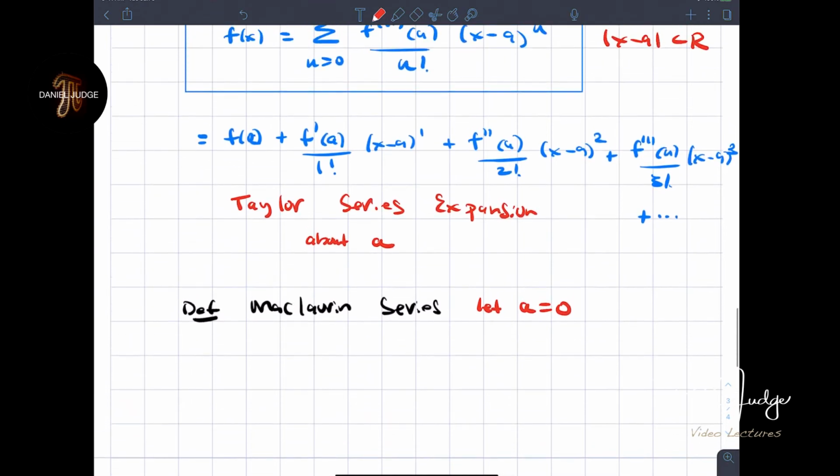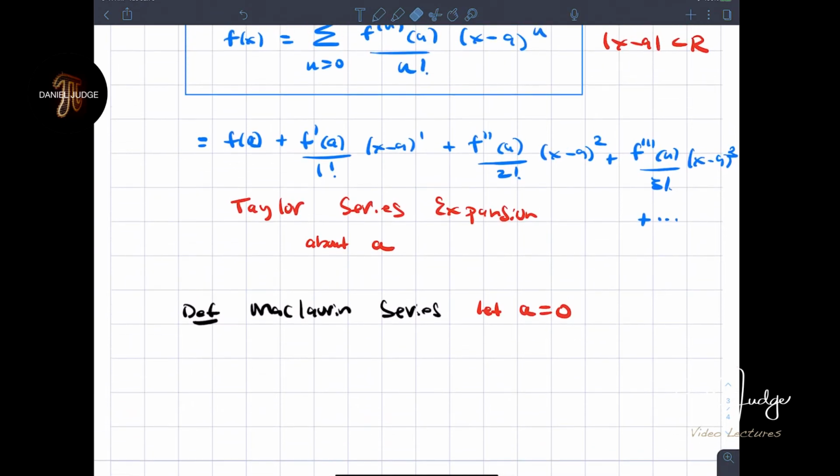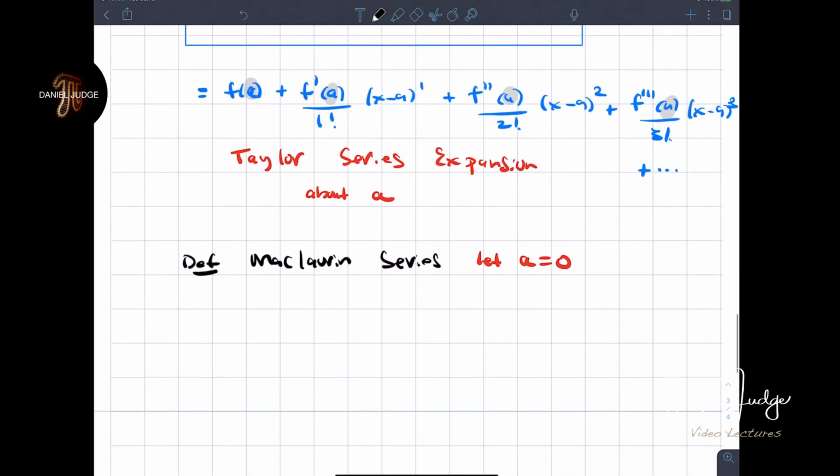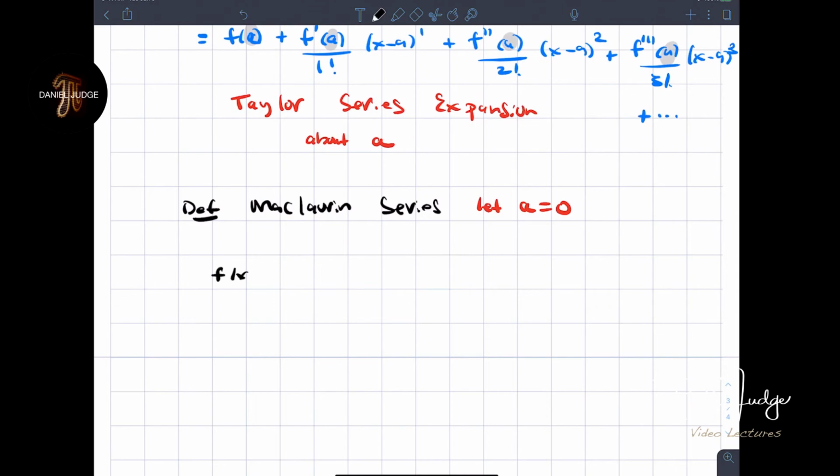So as I was jumping the gun here with the Taylor series, I'm now going to replace this wherever there's an a with a 0. So here's the Maclaurin series expansion. f of x is the sum, n is 0 to infinity, f^(n) at 0 over n factorial, x to the n.